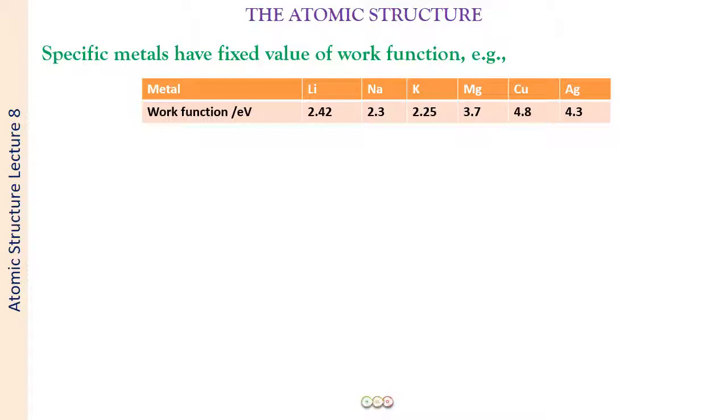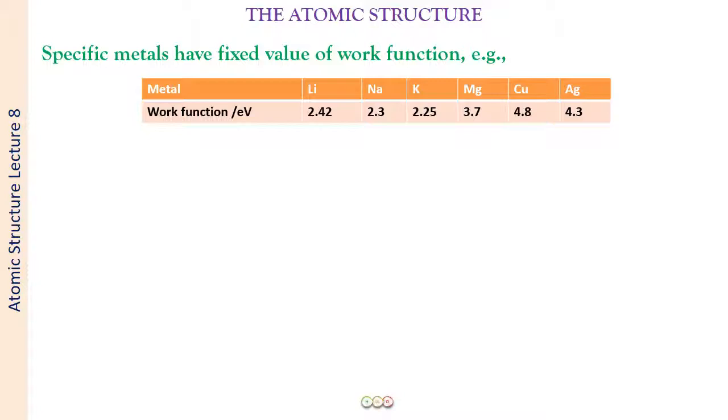You're not supposed to remember these values. They are just to understand how much energy is required for the photo emission of electrons for these specific metals. You can see here that potassium's work function is the least, so this would be the easiest to cause the photoelectric effect.